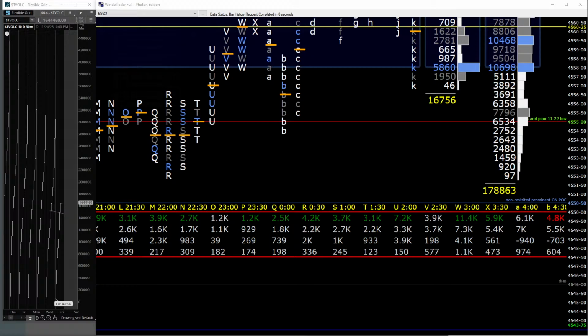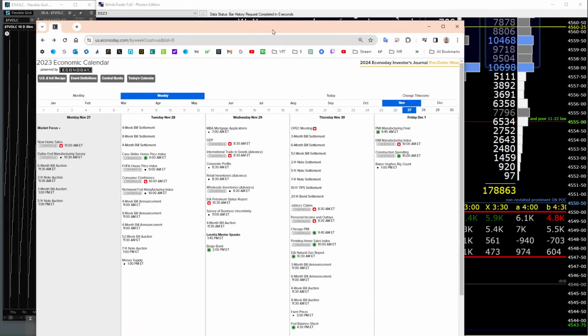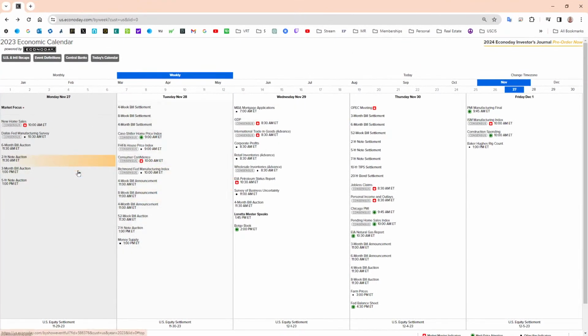What do we have for the current week? Well, we have consumer confidence tomorrow, 10 a.m. What else? Some bill auctions, is this Thursday? No auctions. GDP on Wednesday.